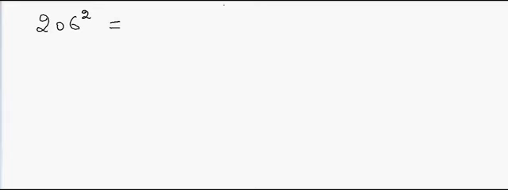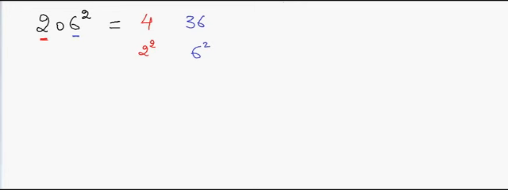In that case, first I'll look at the first digit and I will take the square of that digit. So the square of 2 is 4. Then I'll take the last digit and take the square of that digit. So the square of 6 is 36, right?